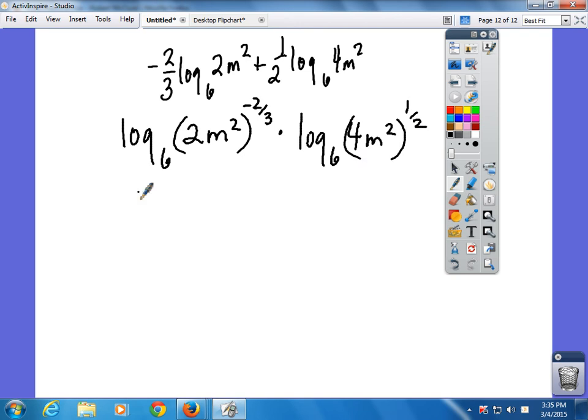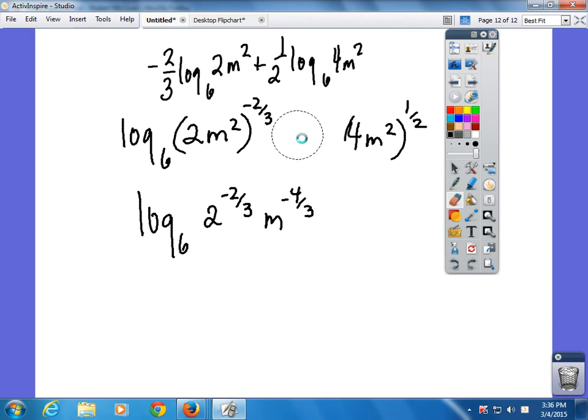And that's going to be log base 6 of 2 to the negative 2/3, m to the negative 4/3. Okay, 4 to the 1/2, m to the 2/2. Everybody with me?